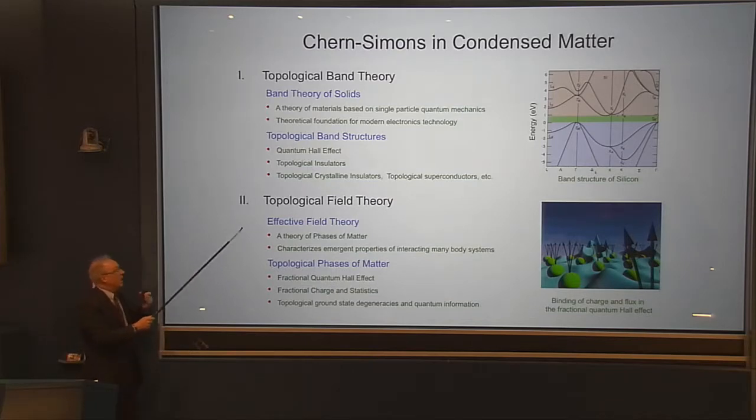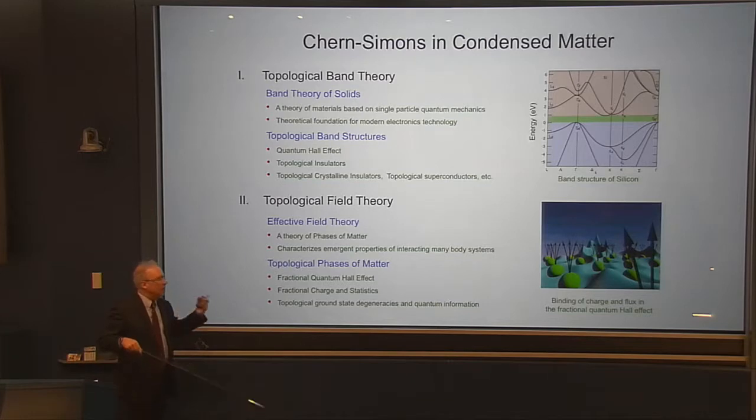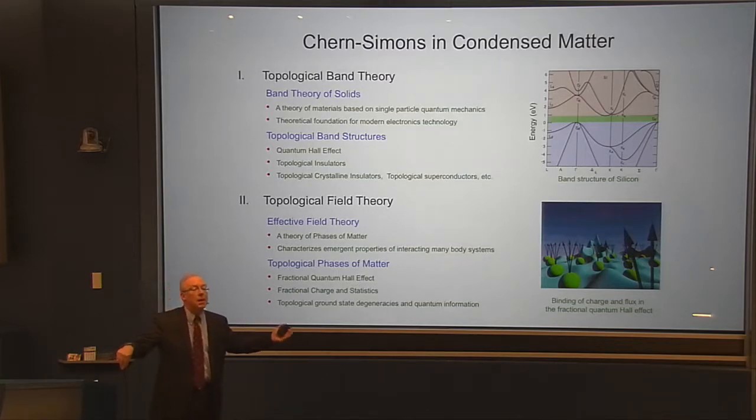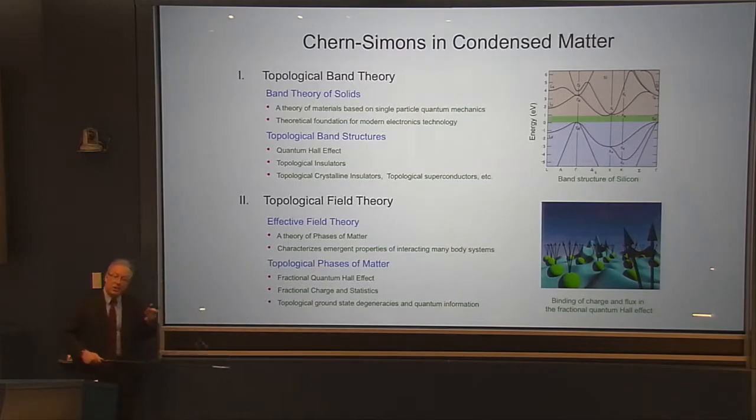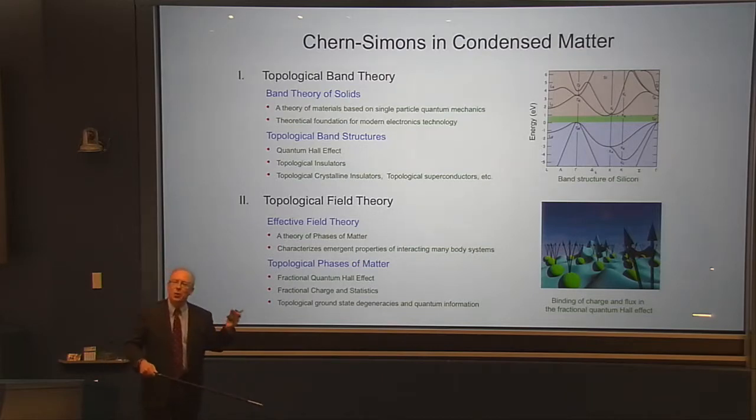What an effective field theory is able to do is characterize the essential emergent properties in strongly interacting particle systems that are composed of many, many, many particles. This is a much more difficult problem, but effective field theory allows us to get a handle on understanding the emergent behavior. Topological phases of matter can have remarkable kinds of emergent behavior.